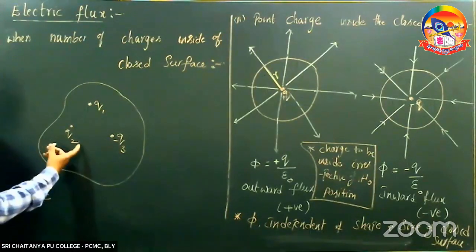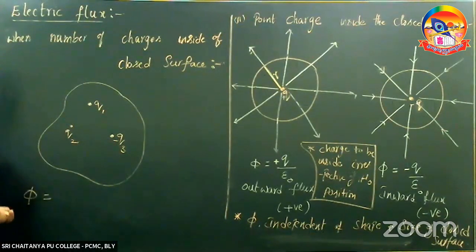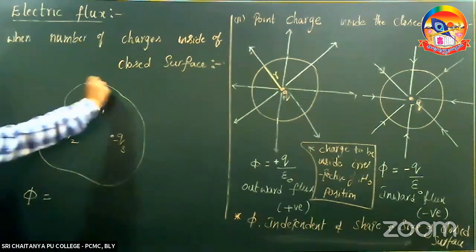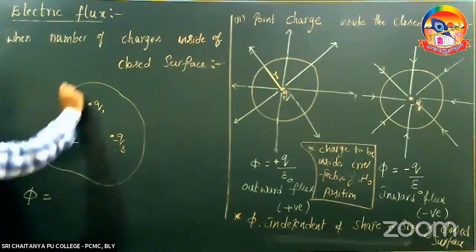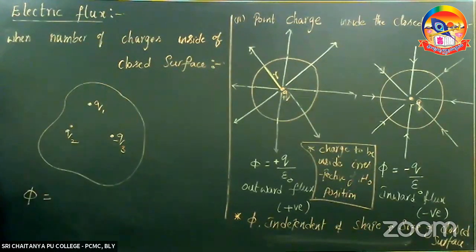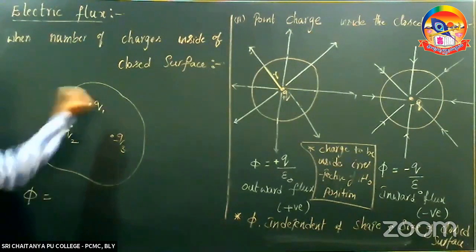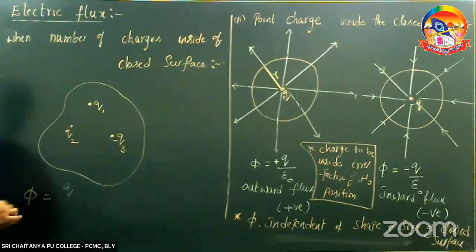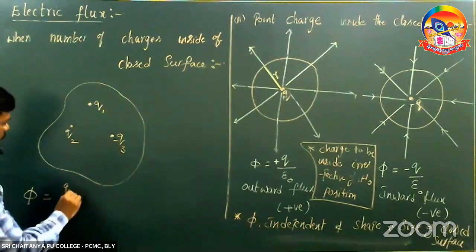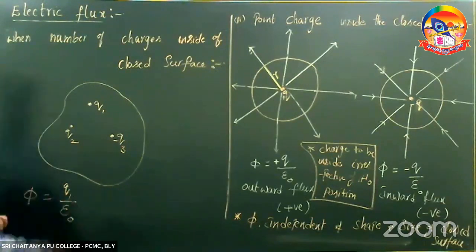From that, can you answer this question? It was asked in a previous entrance exam. What is the flux linked with this closed surface? See, the flux due to the first charge is Q1 by epsilon naught.